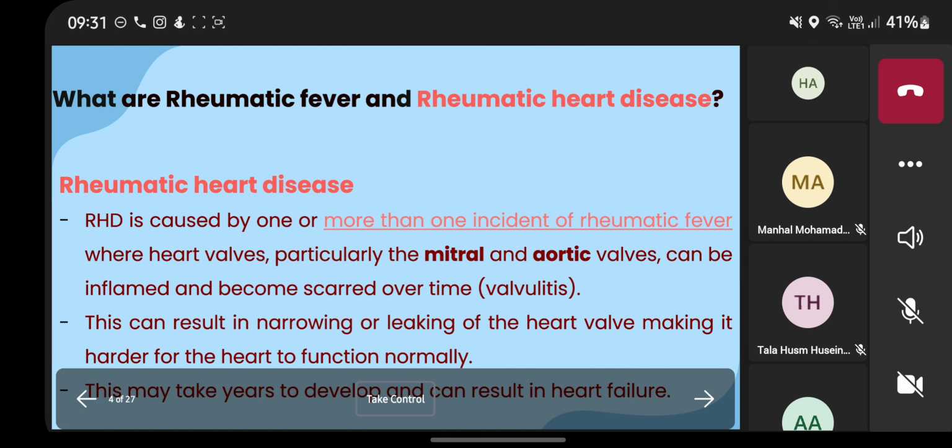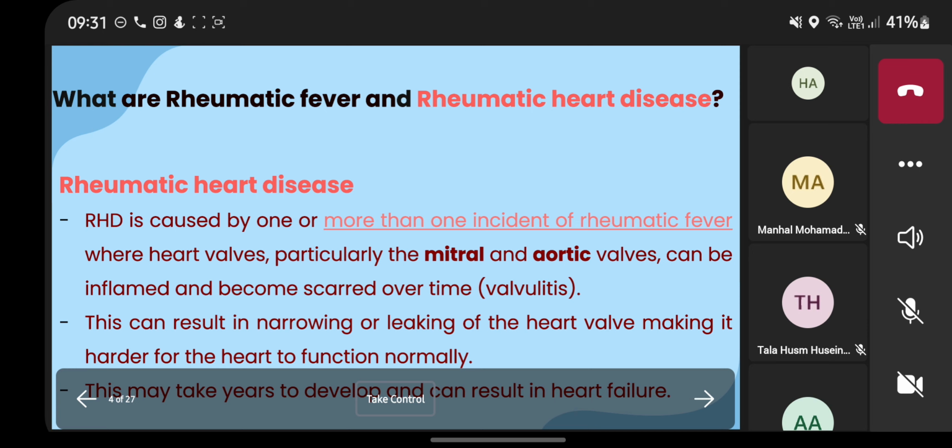Rheumatic heart disease is caused by one or more incidents of rheumatic fever, and it particularly affects the mitral as well as the aortic valves. These two valves are the most important in the disease, and you should always keep them in mind. How does it happen?